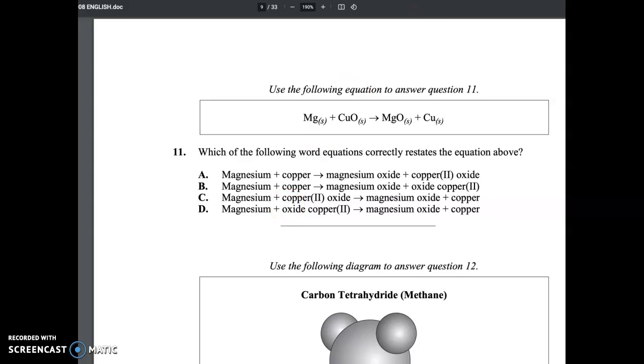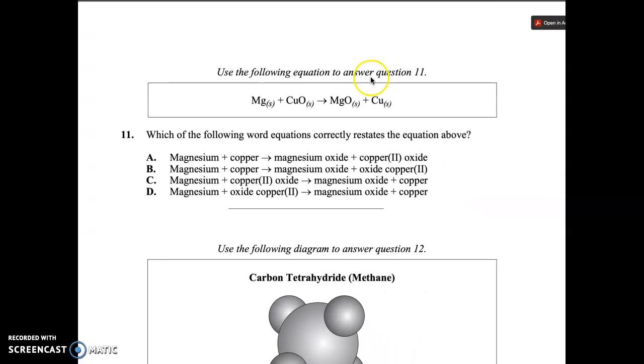For number 11, it's asking which of the following word equations represents this equation. Mg, magnesium, is the same throughout. CuO, copper and oxygen, makes copper oxide, not oxide copper, so let's cross that one out.